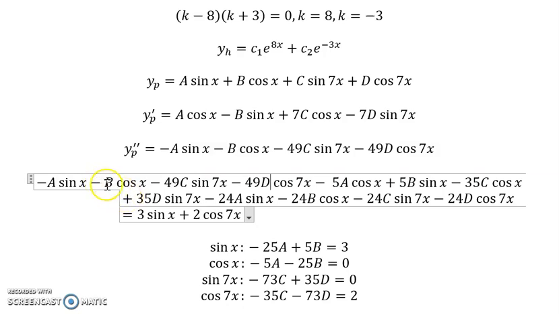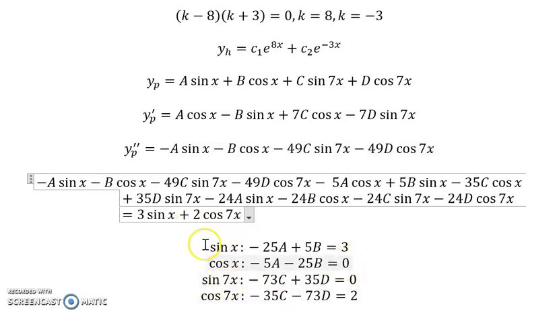Now, for cosine, we've got -b, and -24b gives us -25b. But then we also have -5a cosine x. Those are our only cosine x terms. But on the right side of the equation, there is no cosine x term. So that becomes a 0.